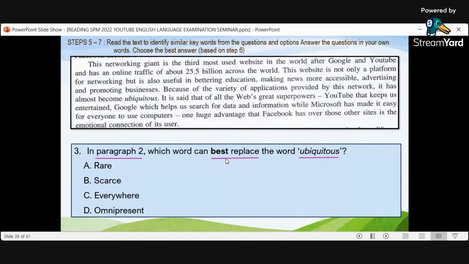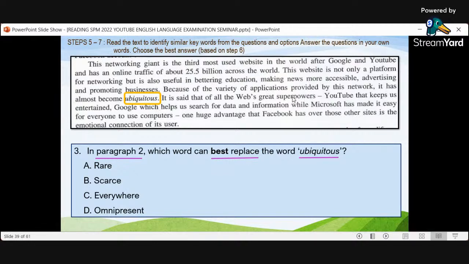Now we're looking for words. How do you find the meaning of the words, right? It has because of the variety of the application. That means there are so many choices for you. Okay, when you have so many choices, is it rare? I'm sure you know the meaning of rare. Something is hard to find.